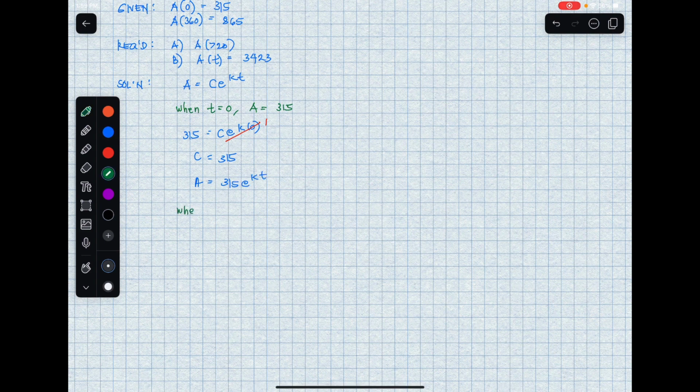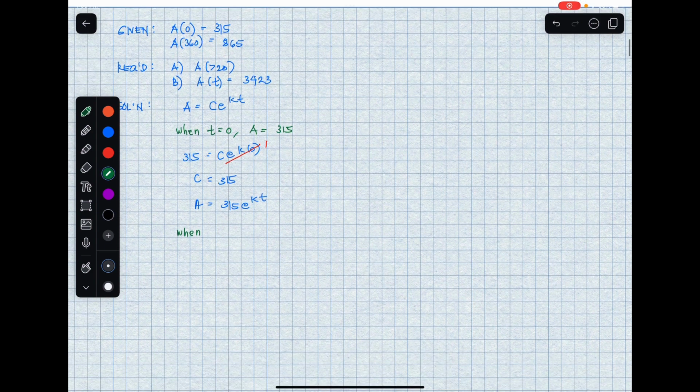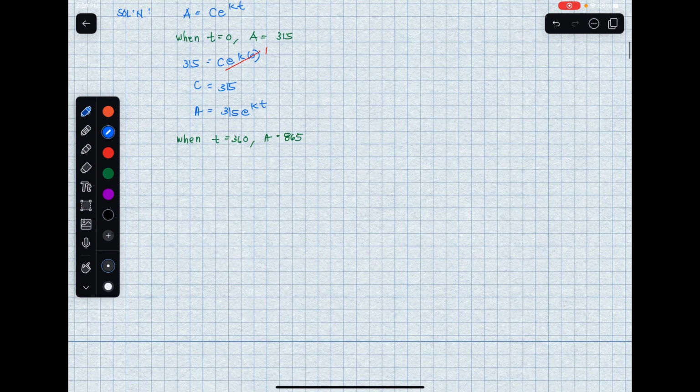Next, we substitute the second value. That is, when time is 360, the number of bacteria is 865. So we substitute it: 865 equals 315 e raised to K times 360. We find K. So 865 divided by 315 is equal to e raised to 360K.